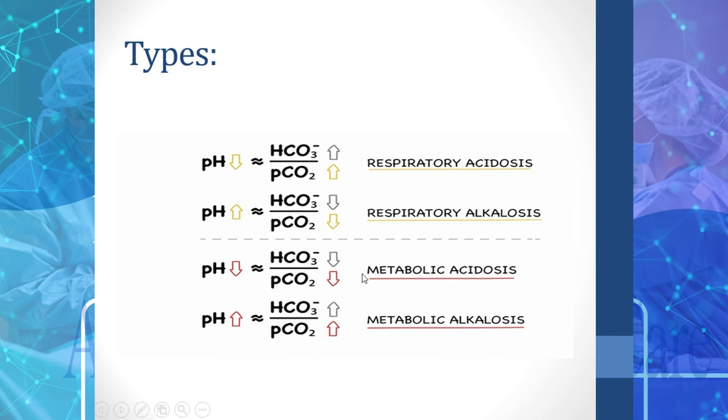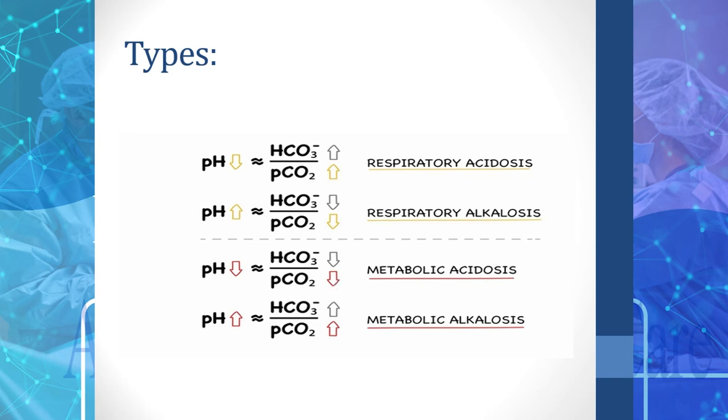In metabolic acidosis, the pH is going down, and the HCO3 and PCO2 are going in the same direction. The HCO3 is decreased because it is metabolic acidosis, and the carbon dioxide will compensate by also going down, in the same direction.